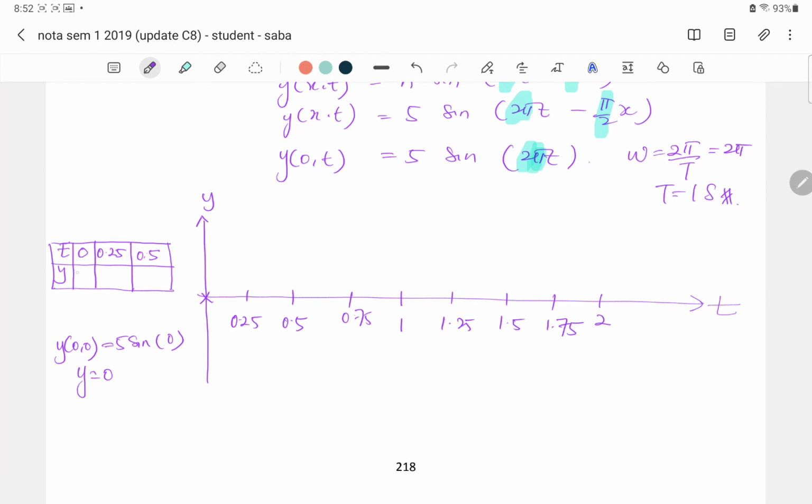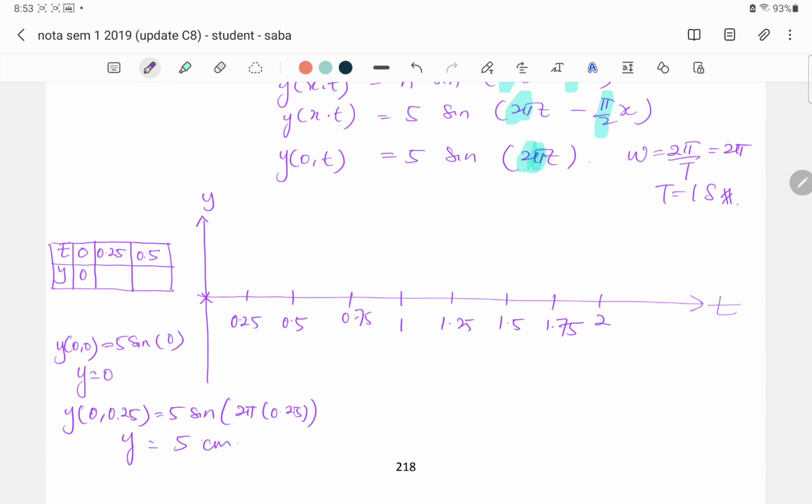So then kita gantikan pula y 0 is your t is 0.25. So 5 sin 2 pi, your t is 0.25. Okay, tekan calculator. Okay, you akan nampak kat sini y equal to 5 cm.